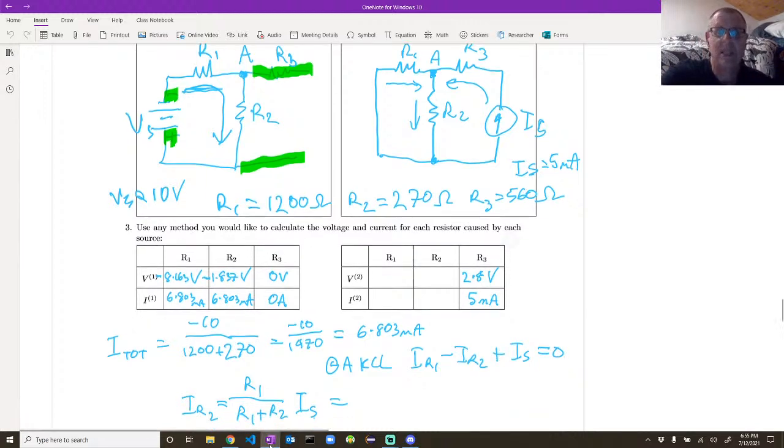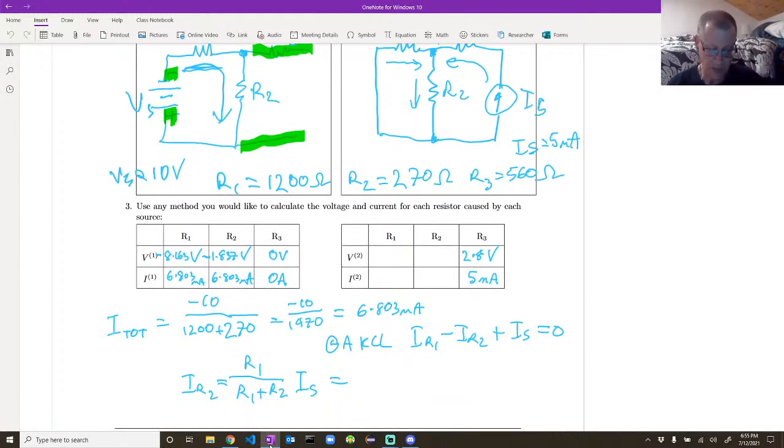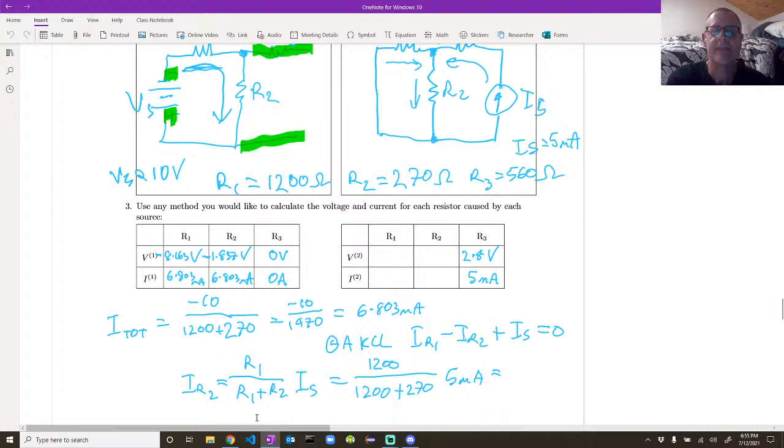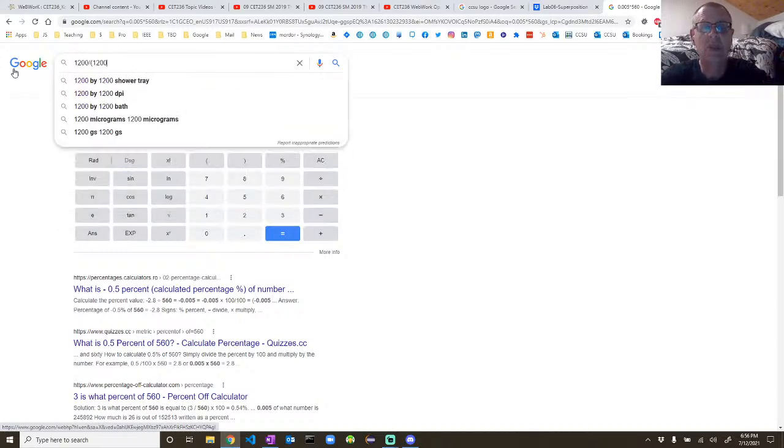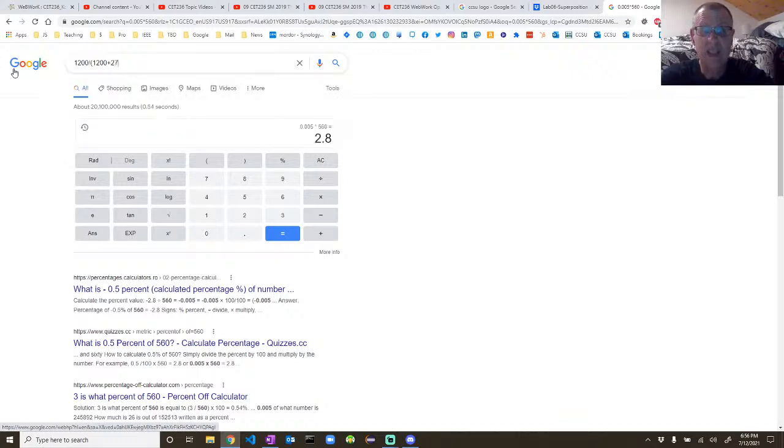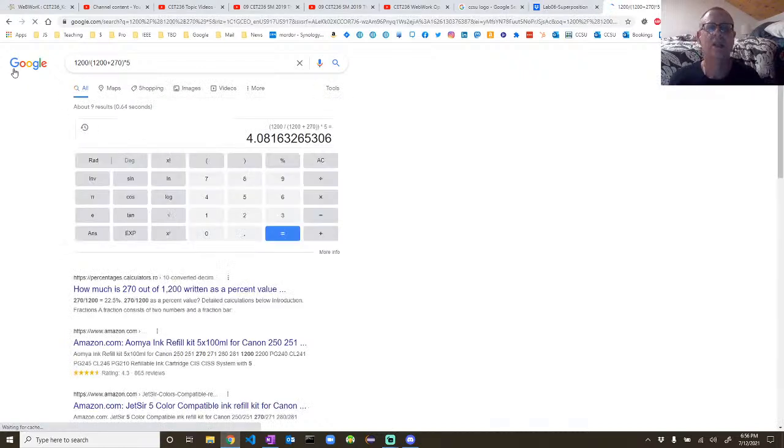So R1 is 1200 divided by 1200, and R2 is 270, times 5 milliamps. And let's see what that gives us. So that's 1200 divided by 1200 plus 270 times 5 milliamps. 4.08.